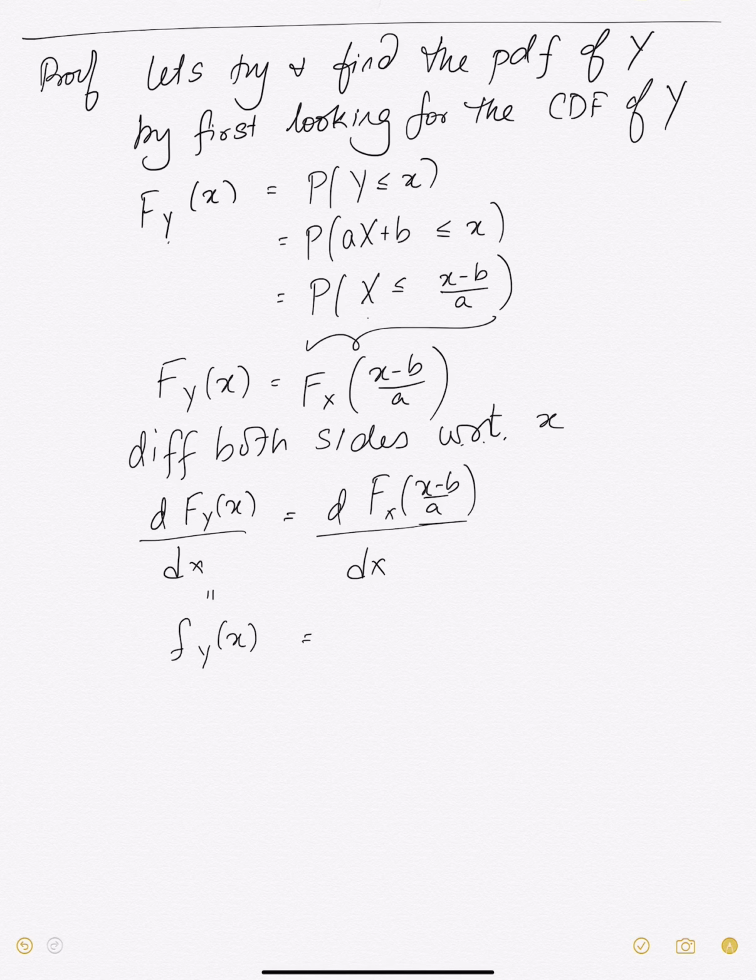And how about this? Now we have to use the chain rule. Over here we'll use the chain rule. So what do you have? You have 1 over a, that's the derivative of the inside with respect to x, times the derivative of the outside with respect to x, which is the CDF differentiated, giving you the PDF evaluated at the inside.